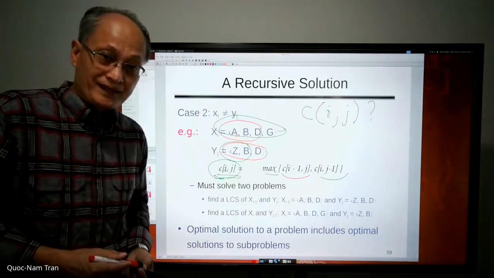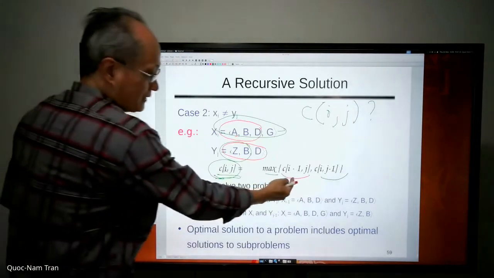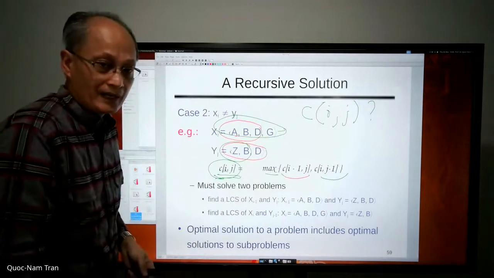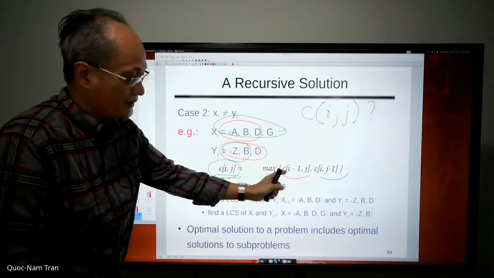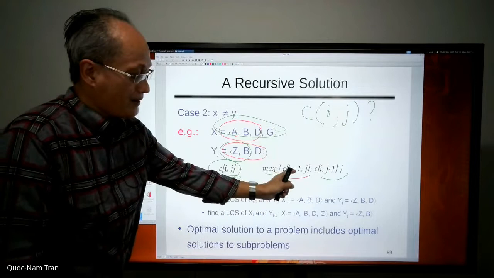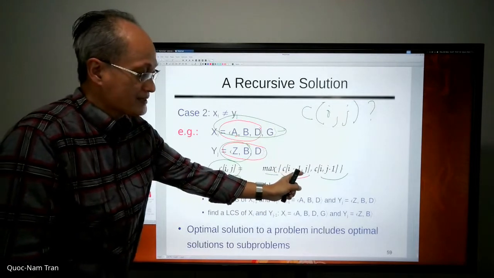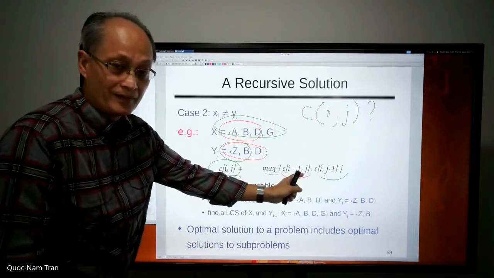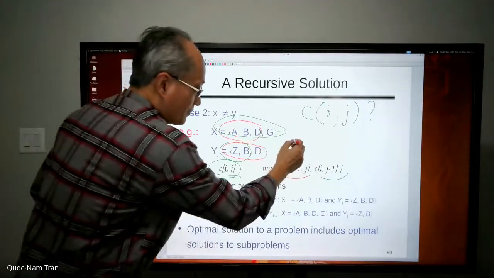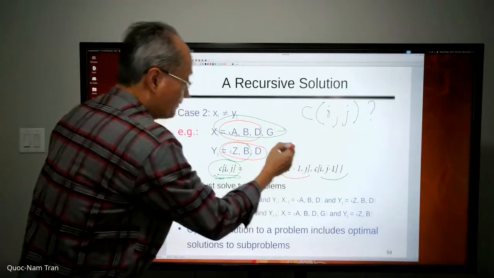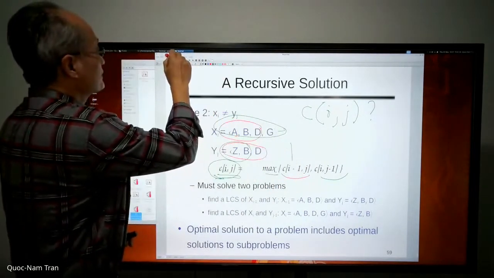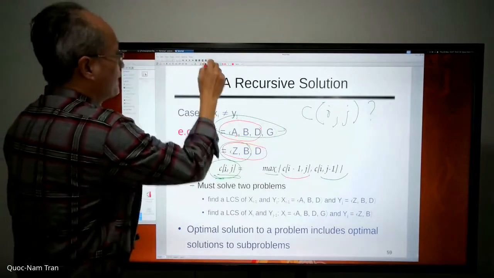Right? So that said, if we use the red one, then we know that we have the i minus 1, same value, right? So that said, we can choose the arrow. Again, let me choose the red one.